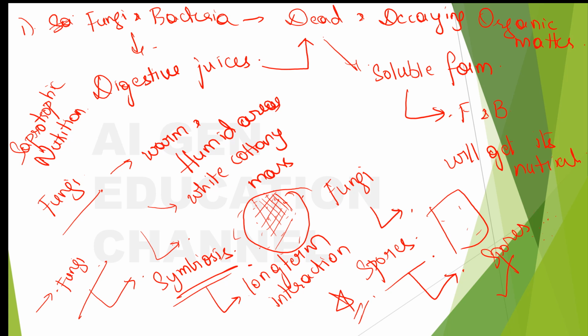So the symbiosis that we are talking about is when there are two organisms that live in close association, and when they are involved in long-term interaction and they share their nutrients or shelter, and they live in association to get mutual benefit, then this sort of relationship is called a symbiotic relationship.